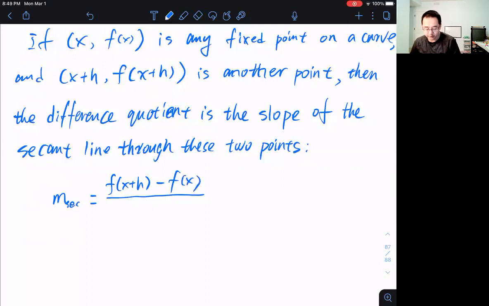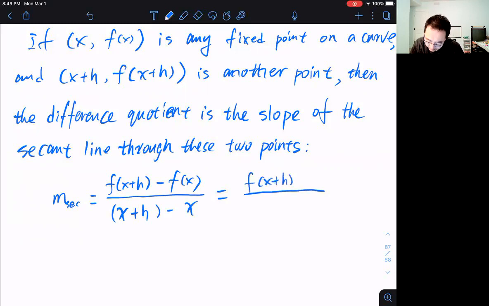Okay, so the difference in the y value divided by the difference in the x value. And you can see the denominator can be simplified a little bit because x plus h minus x is just h. Okay, so this is called the difference quotient.